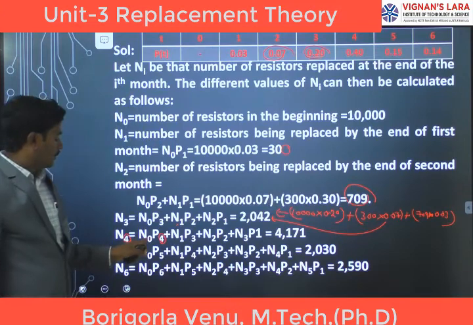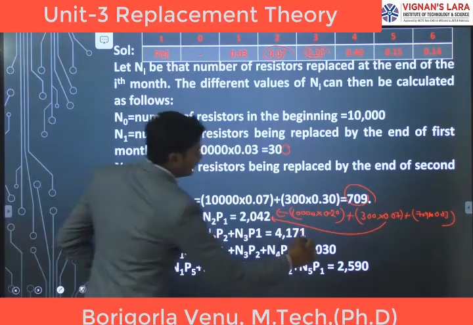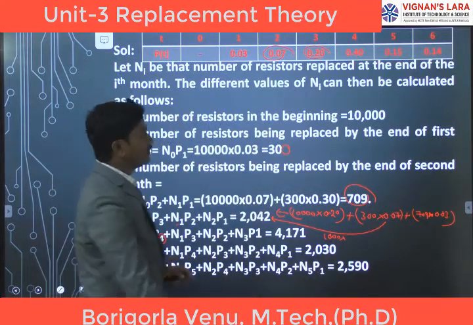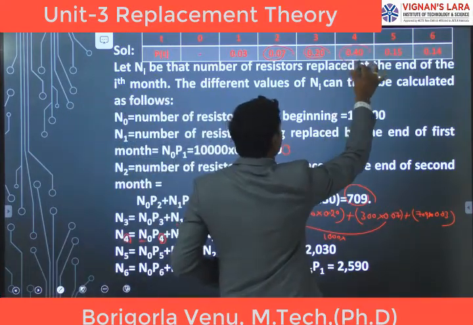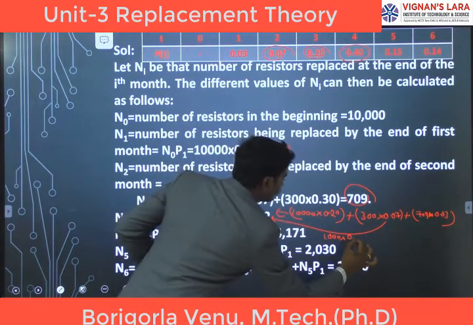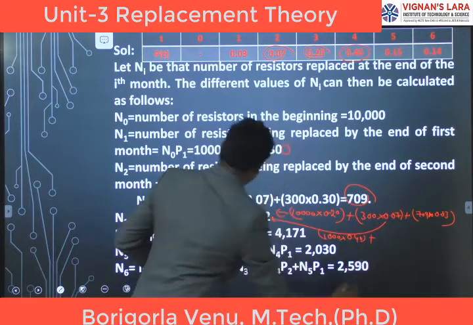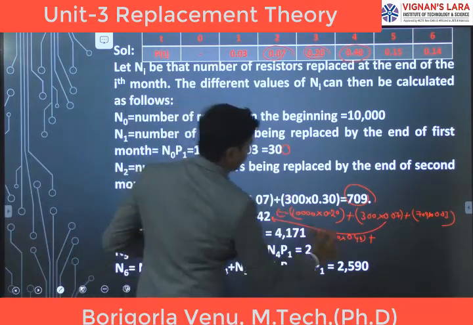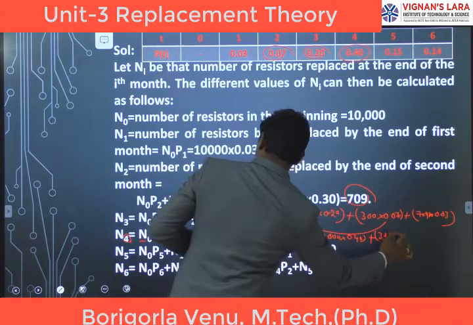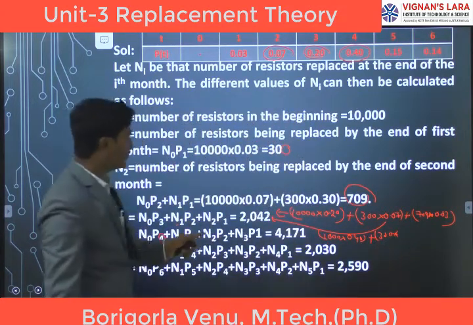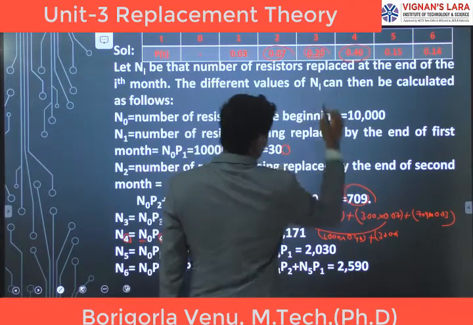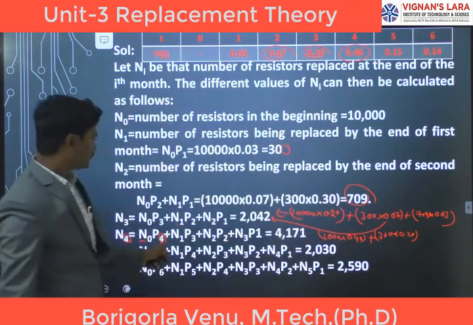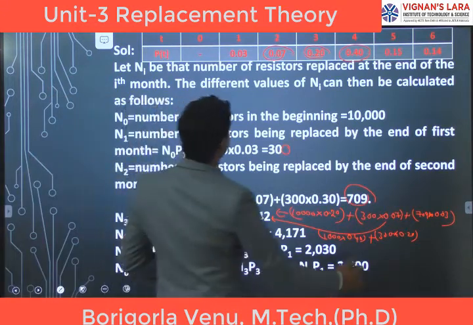Here, what is the N0 value? N0 is 10,000 into P4. What is the probability factor? P4 is 0.40, plus N1 P3. N1 is 300 into P3, which is 0.20. Next, N2 P2.